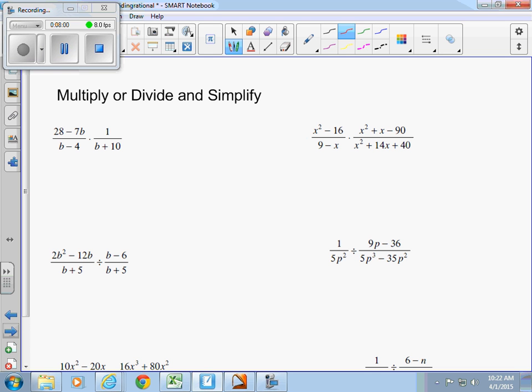Now, if you're really on top of things, you might choose to factor out a -7. Why would you factor out a -7? To put the B in front, like the other one?